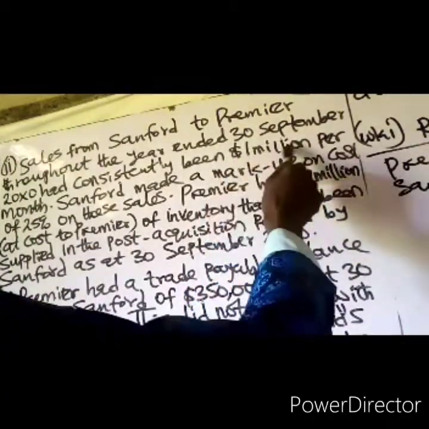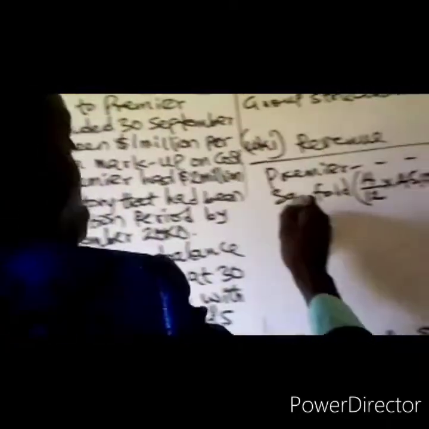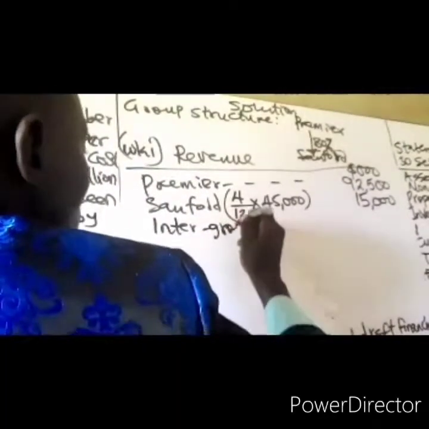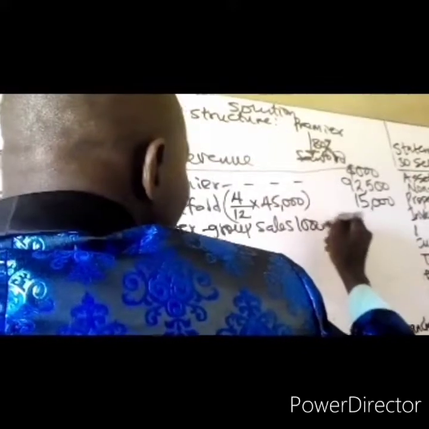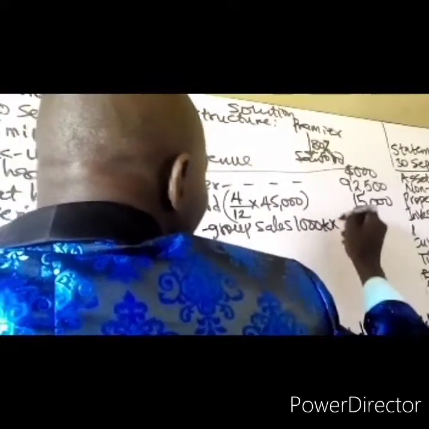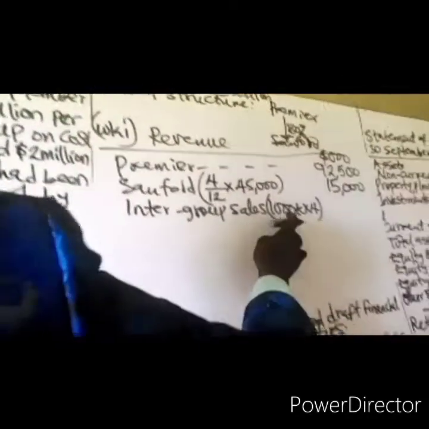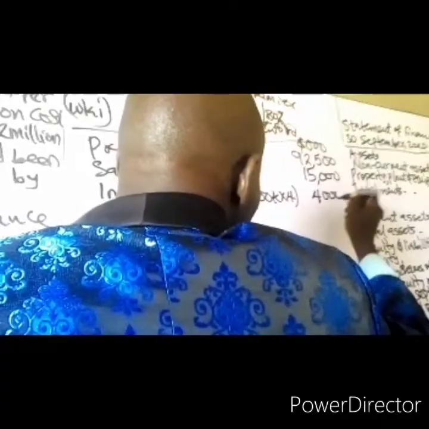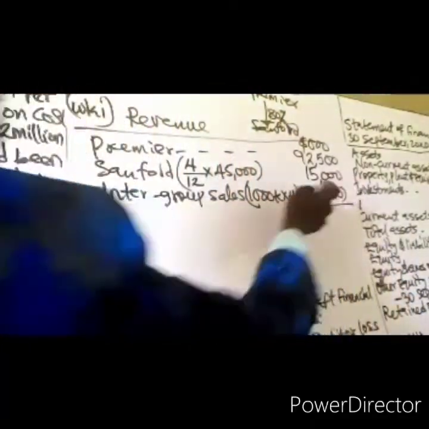If the sales is 1 million per month, then intergroup sales, I've told you, will be eliminated. Intergroup sales, which is 1 million for 4 months, from June to September, will give us 4,000. That is the intergroup sales.